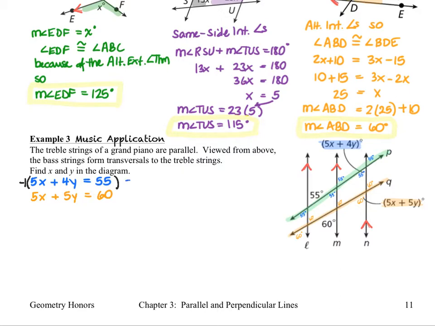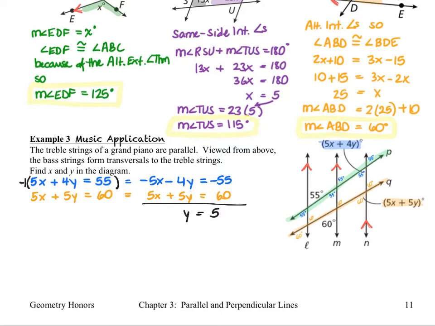So we're going to have -5x minus 4y equals -55. And the other equation is going to stay the same. When we add these 2 equations together, we're going to end up with y equals 5.